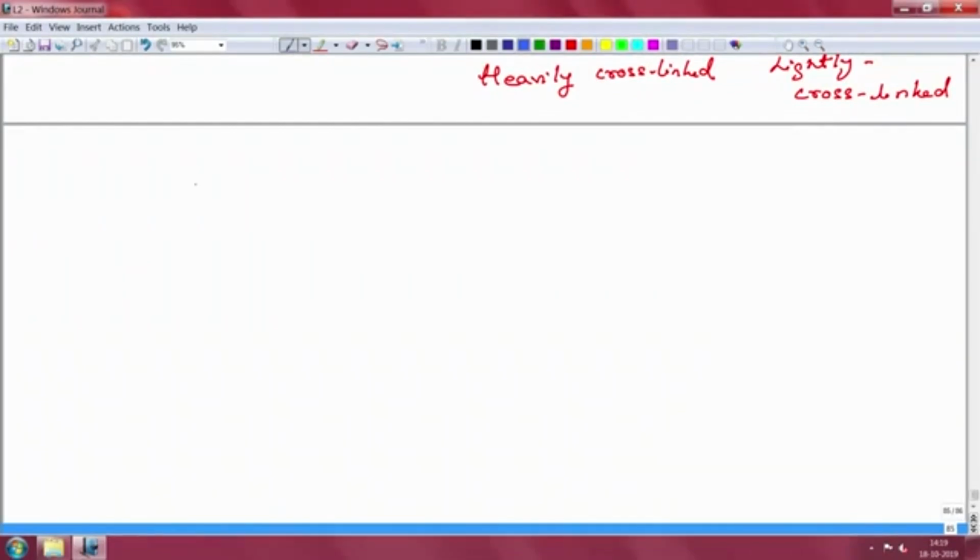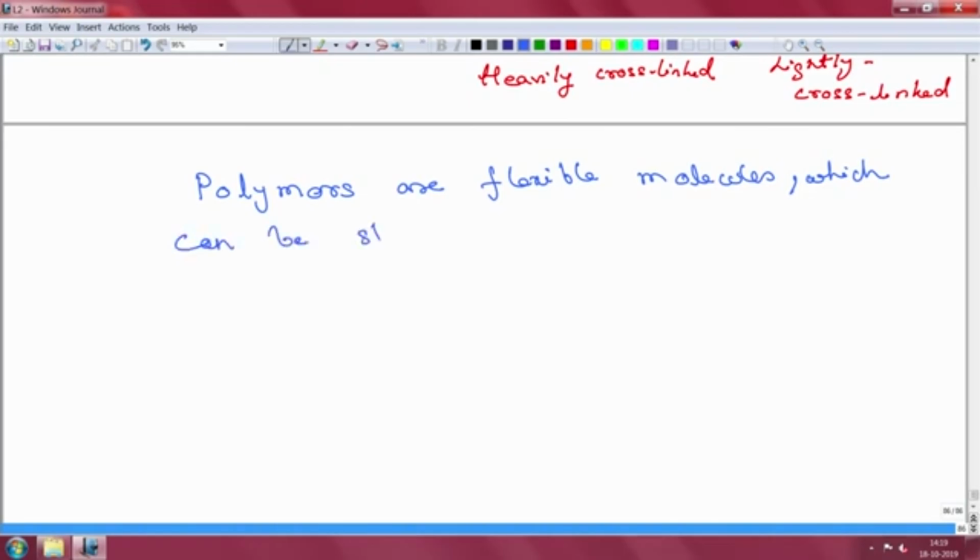So, let us keep on with the molecular viewpoint, and we said that polymers are flexible molecules which can be stretched or even deformed by weak forces.